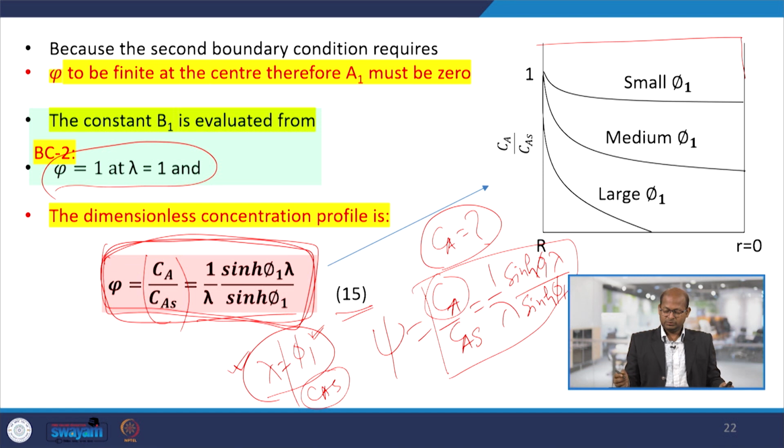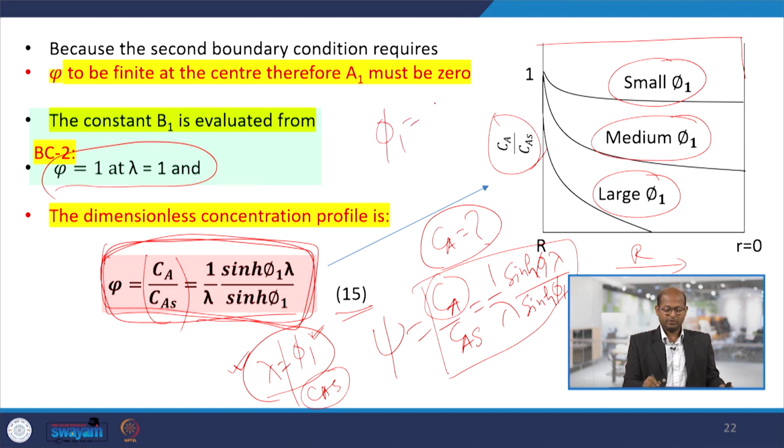Now if we plot Ca by Cs against R at different values of phi, small, medium and large, where phi is the Thiele modulus, it may be small or a large value like 25 to 30.